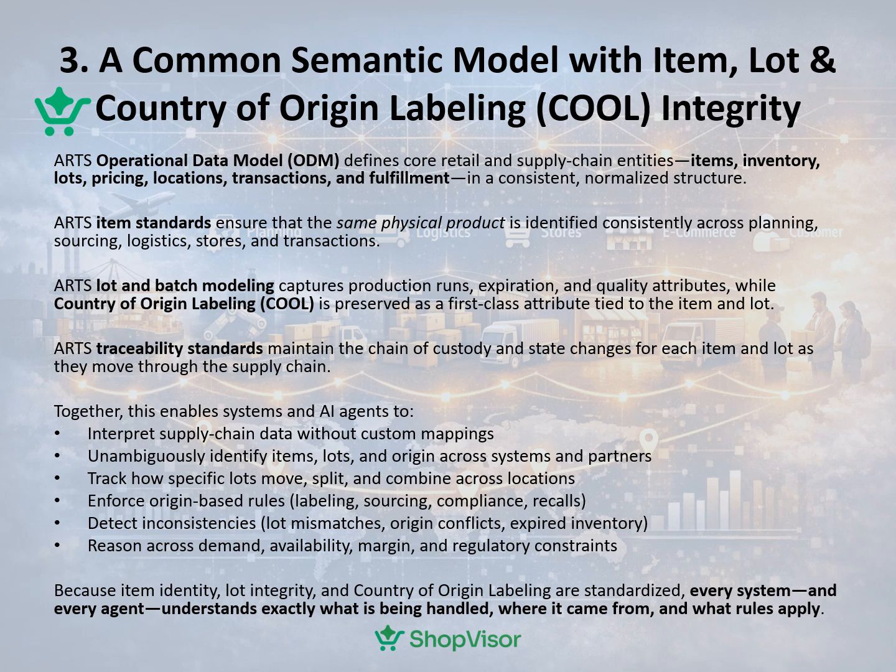ARTS item standards ensure that the same physical product is identified consistently across planning, sourcing, logistics, stores, and transactions. And then the ARTS lot and batch modeling captures production runs, expiration, and quantity attributes, while country of origin labeling is treated as a first-class attribute tied to the item and lot.